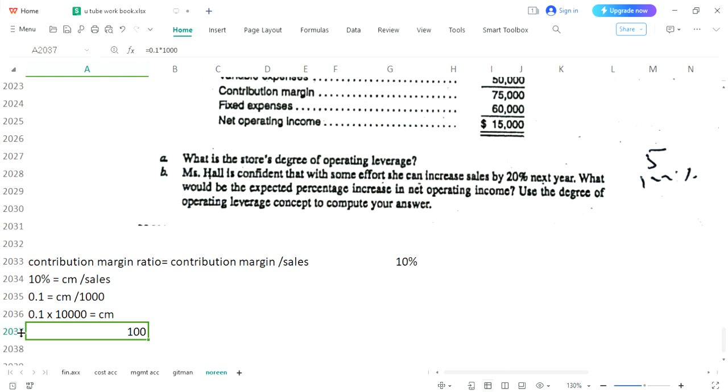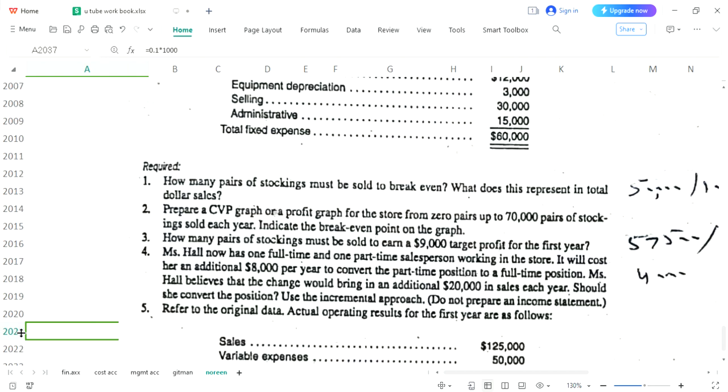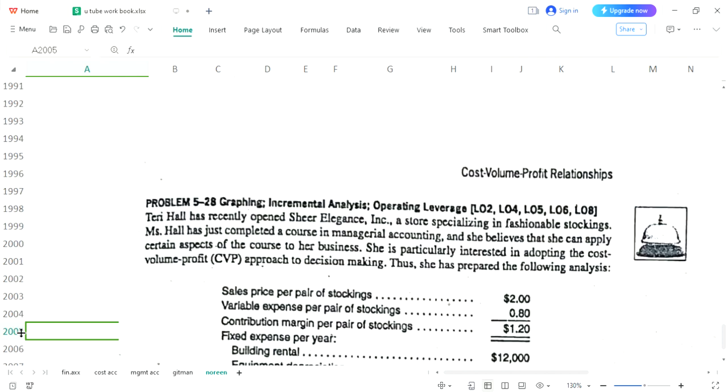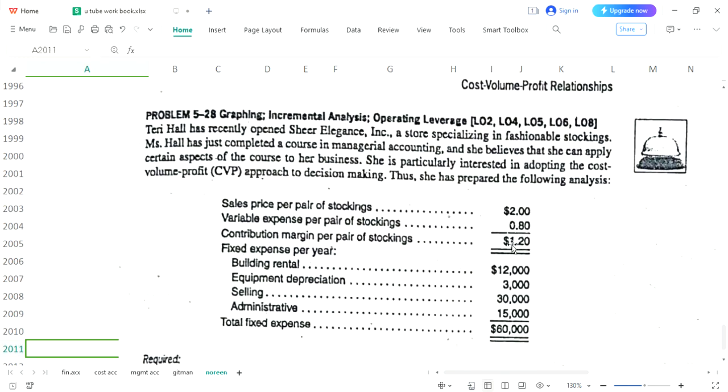This is a very simple thing and hopefully it would be used in our question as well. Let's start. Here is our introductory line, cost profit volume analysis, nothing else is written over here. The important matter is we have sale price per unit, variable cost per unit, contribution per unit.